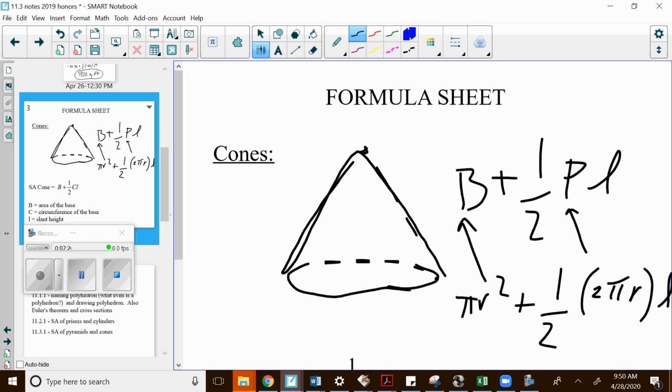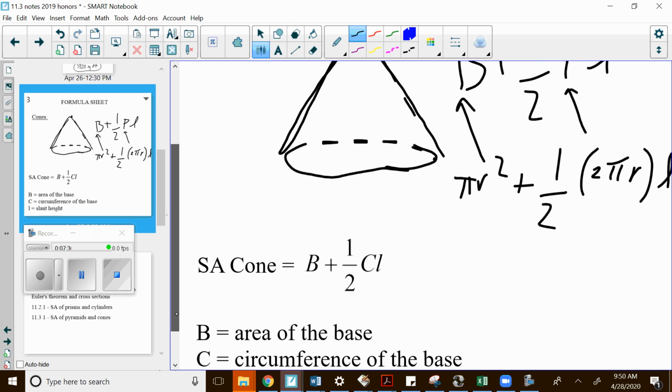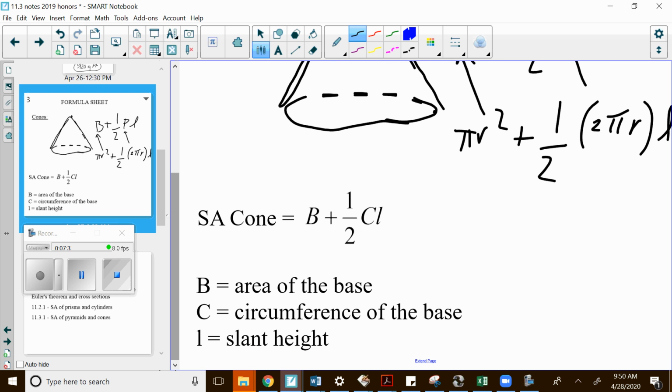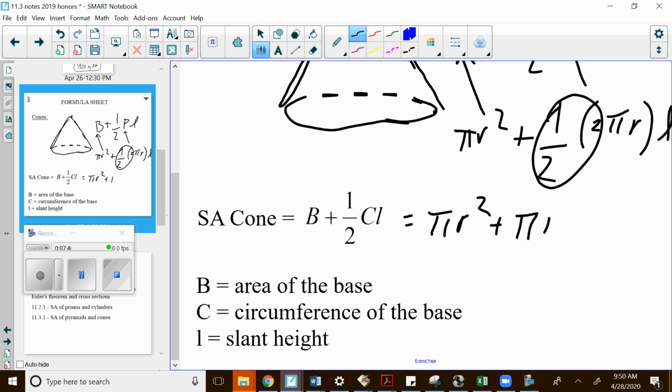Okay, so really what this becomes, and you can write this down, base plus 1/2 CL, or it ends up being pi r squared plus the 1/2 and the 2 cancel each other out. Pi r squared plus pi rl is what the surface area formula for a cone is.